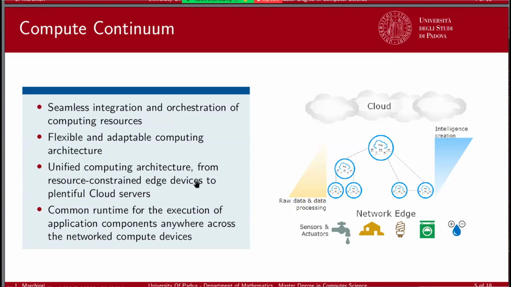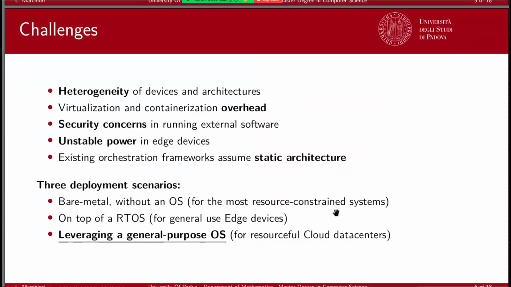To be able to realize a compute continuum vision, we need a common runtime to be able to execute software components anywhere across the computing devices. And this can be hard because of different challenges. First of all, as I said before, we have heterogeneity of devices and architectures. So running on very resource-constrained boards can be hard because hardware is very different.